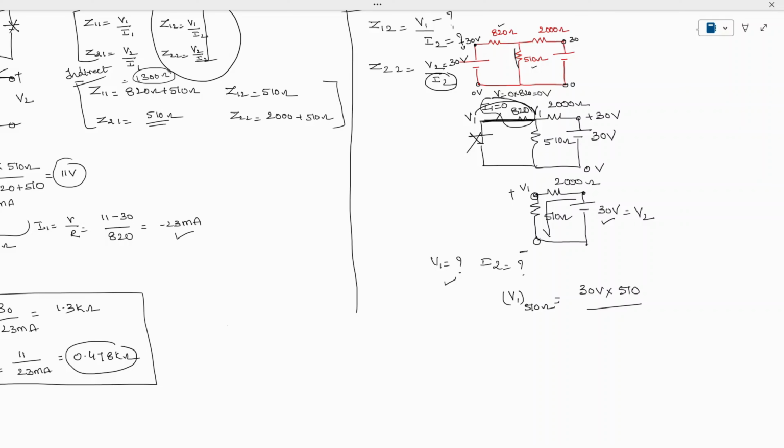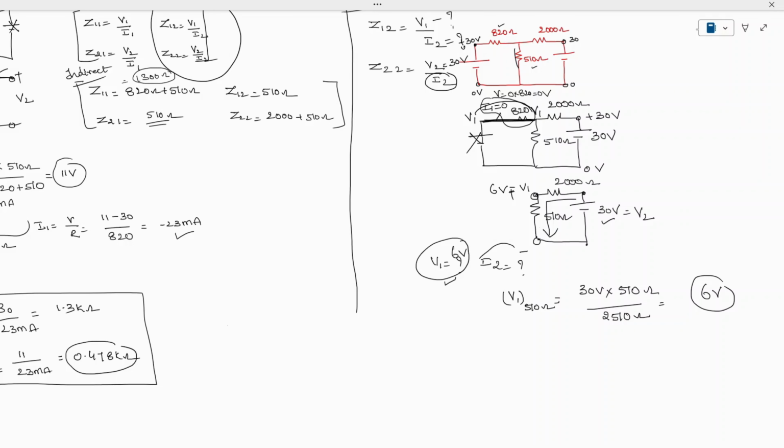You can see these two resistors are connected in series, which is 2510 ohms. Automatically, after doing the calculation with the calculator, you are going to get 6 volts. Okay, so V1 has been obtained as 6 volts. So V1 is equal to 6 volts.